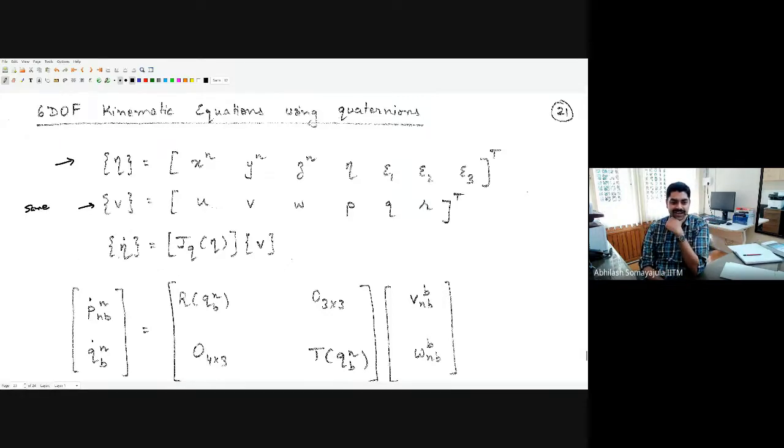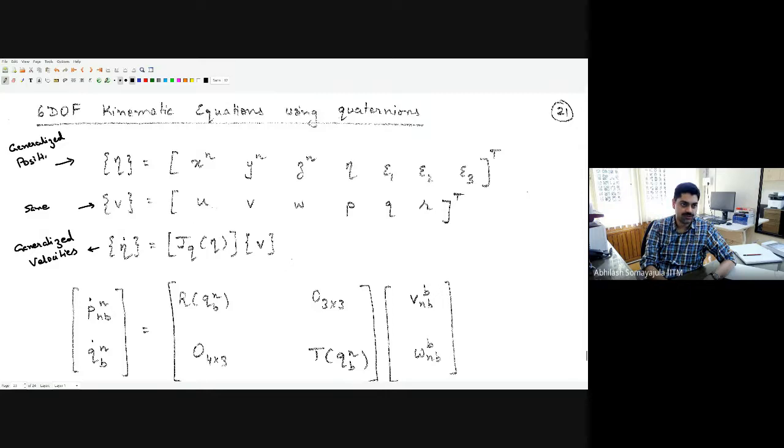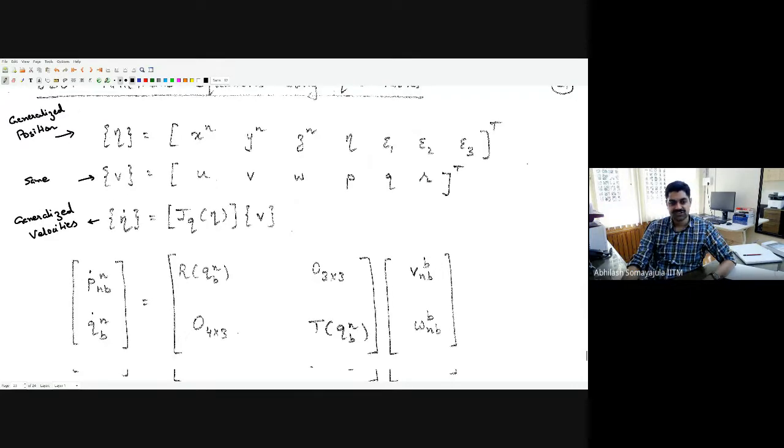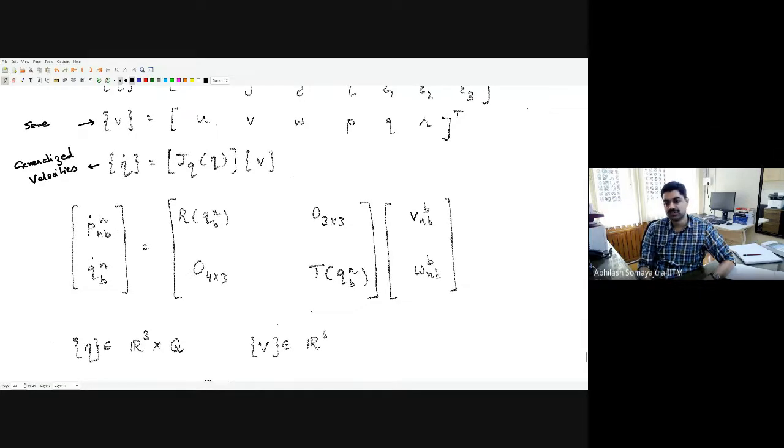And now we want to relate eta dot, the derivative of the generalized positions with respect to time, which we call generalized velocities. The generalized velocities can be related to the velocities in the body fixed frame using this transformation matrix.